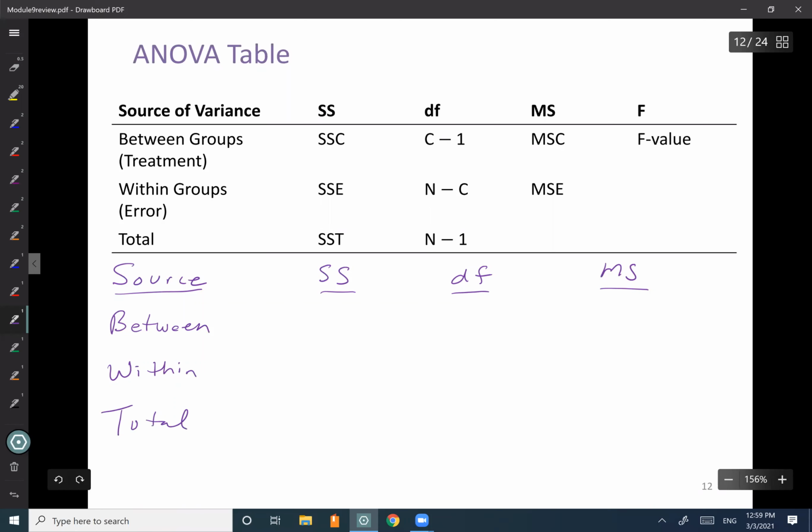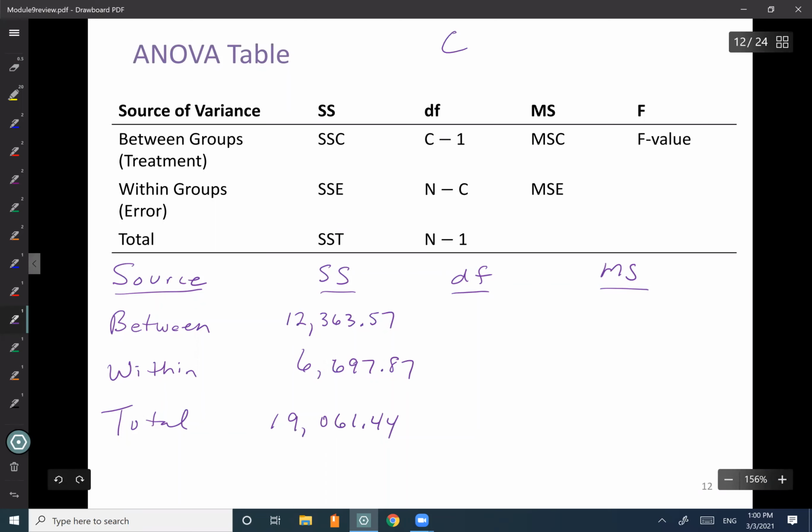So the sum of the squares for between, we calculated at 12,363.57. For the within, 6,697.87, and the total, you add those two up, and we got 19,061.44. The degrees of freedom.